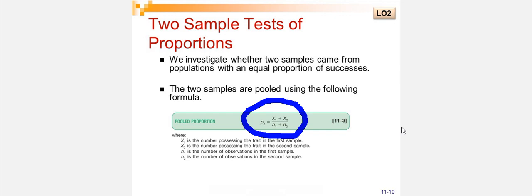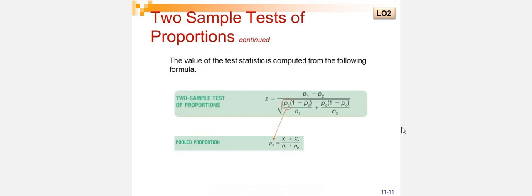This is step number 1. Step number 2, we need to identify the two sample tests of proportion by Z. Then we use this formula: Z equals P1 minus P2, divided by the square root of PC times 1 minus PC divided by n1, plus PC times 1 minus PC divided by n2. Okay, this is the formula of Z.